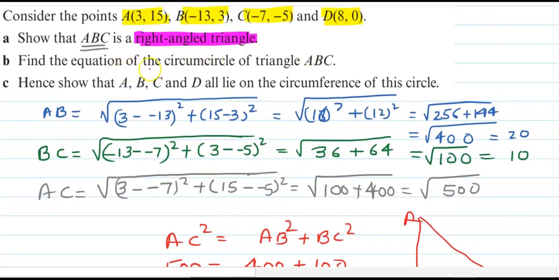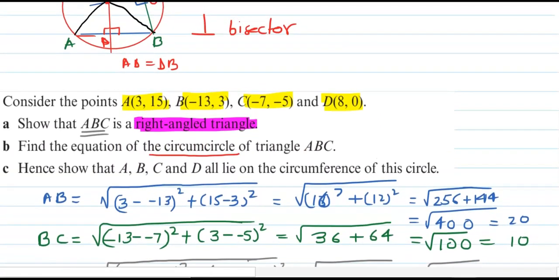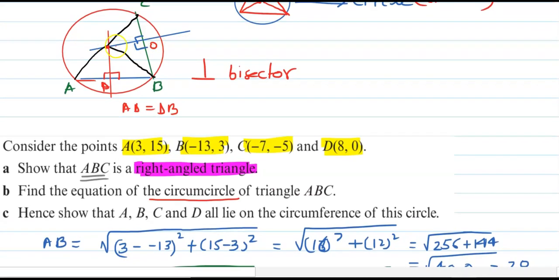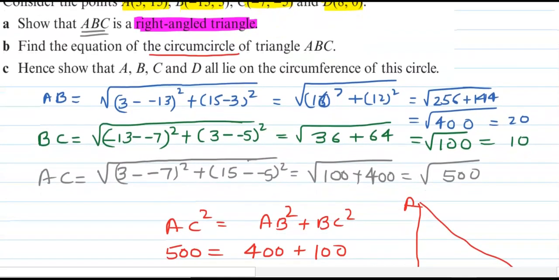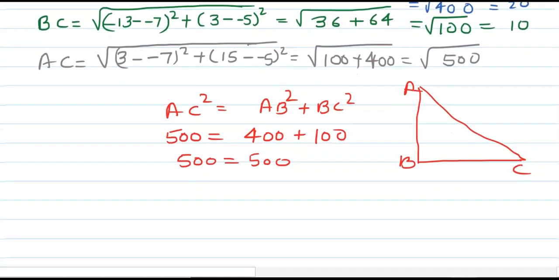Now they are saying find the equation of the circumcircle. As I mentioned, if you have two chords, you can find the perpendicular bisectors, and wherever they meet, from that point to the given points A, B and C will give you the radius. Here we need to find the circumcircle of triangle ABC.